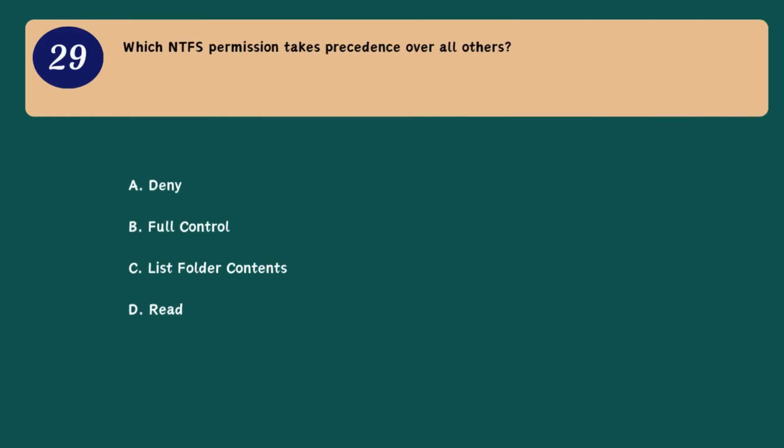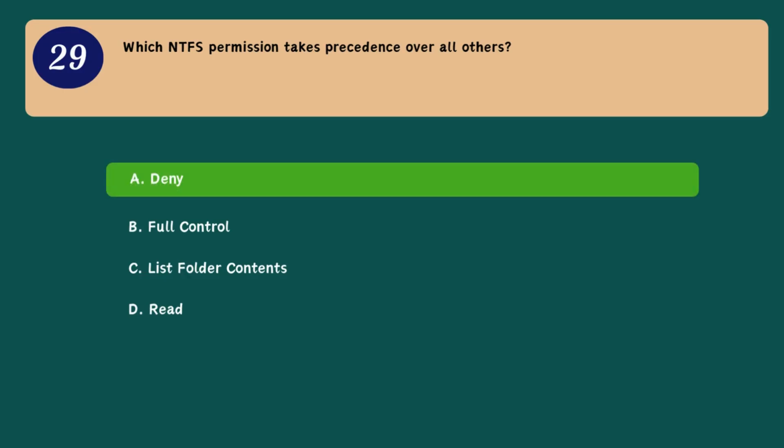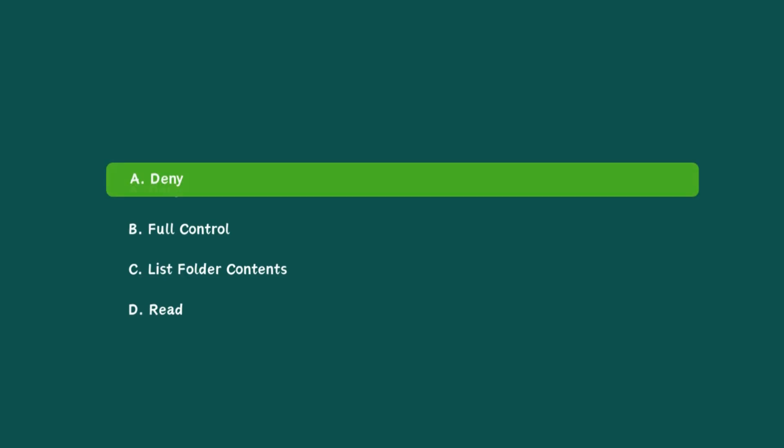Question 29. Which NTFS permission takes precedence over all others? A. Deny. B. Full control. C. List folder contents. D. Read. Correct answer. A. Deny.